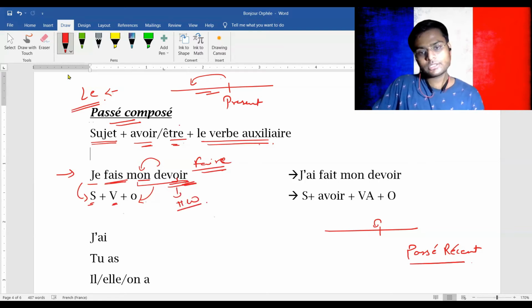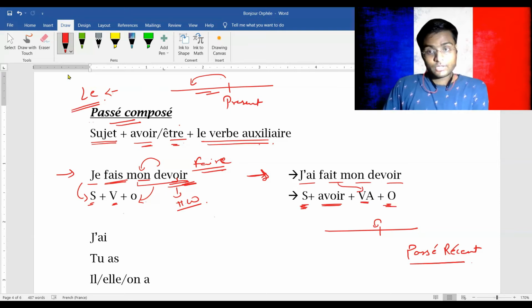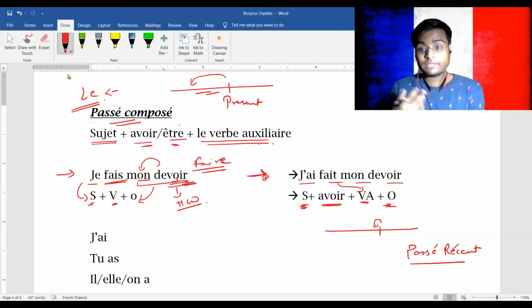Now suppose je fais mon devoir, you are going to make it into past tense as j'ai fait mon devoir. Let's observe the structure. First of all, the subject, and then the verb avoir, and then the auxiliary verb, and then the object. Now, what is the avoir verb? I'm revising this for those who are very weak in French.